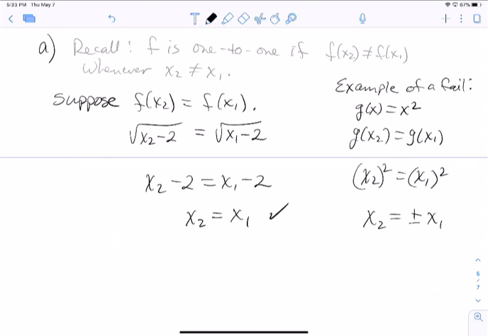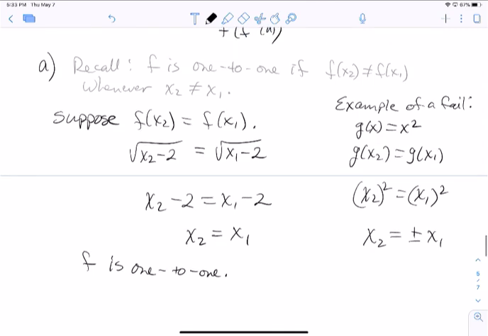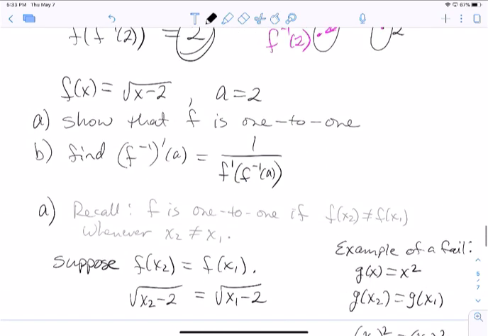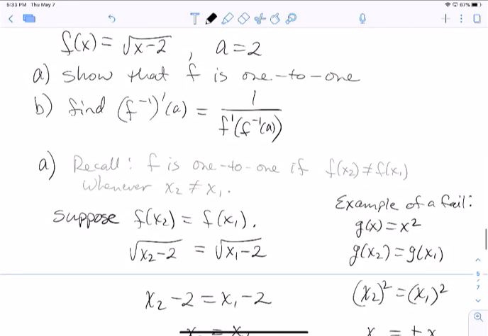This is sufficient to show that f is 1 to 1. And it actually would be appropriate for me to say then f is 1 to 1. We often like to write down what it is that we were trying to show. We being math people. Next part, find f inverse prime of a. And since f is 1 to 1, we know we can use this formula.